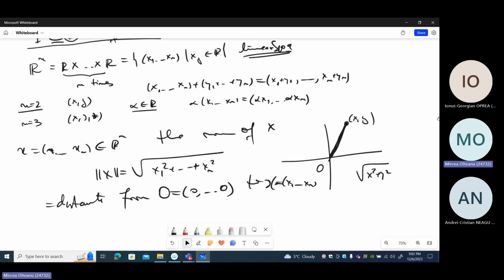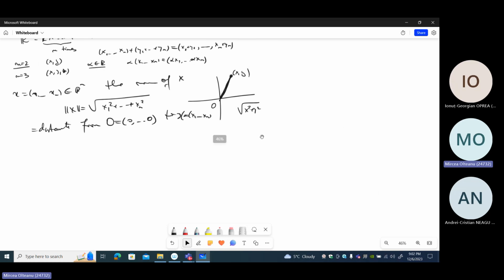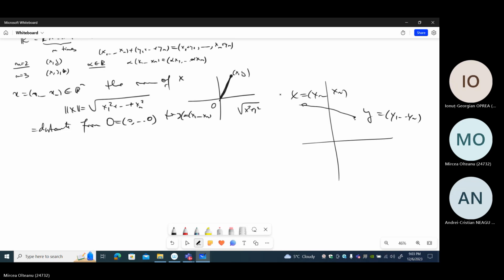Now, in general, the distance between two arbitrary points, if this is x of components (x1, ..., xn), and this is y of components (y1, ..., yn), the length of the segment from x to y, so the distance, will be given as the norm of the subtraction x minus y, which means this.